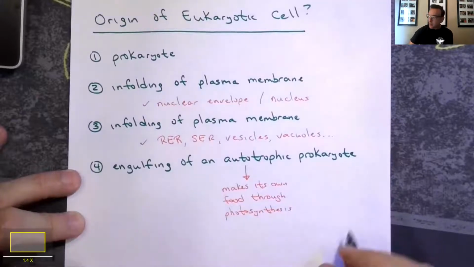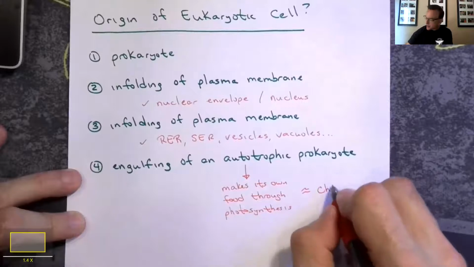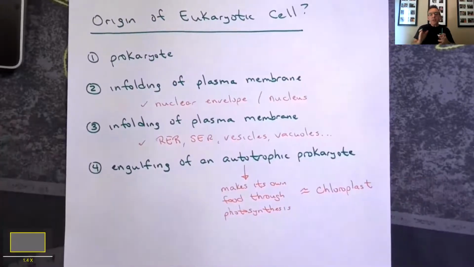Okay? What they're really talking about and what this became in eukaryotes is the chloroplast. What the modern chloroplast used to be is an independent organism. It used to be an autotrophic prokaryote by itself. That's why chloroplasts have their own DNA. They have their own ribosomes. They go through their own gene expression.